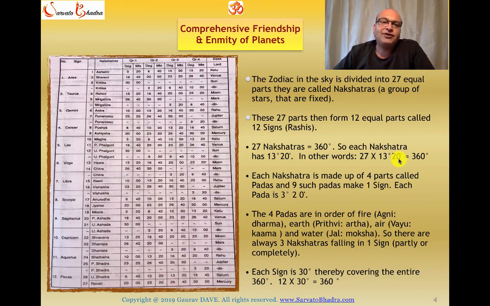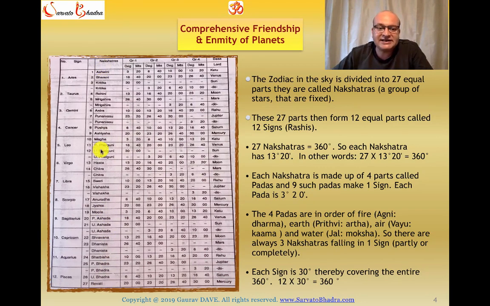So, the names of the 27 nakshatras are listed out here: Ashwani, Bharani, Kritika, Rohini, Mrigashira, Ardra, Punarvasu, Pushya, Ashlesha, Magha, Pur Falguni, Uttar Falguni, Hasta, Chitra, Swati, Vishakha, Anuradha, Jyeshtha, Mula, Purvashada, Uttarashada, Shravana, Dhanishta, Shatabhishaj, Purvabhadrapad, Uttarbhadrapad, and Revati.